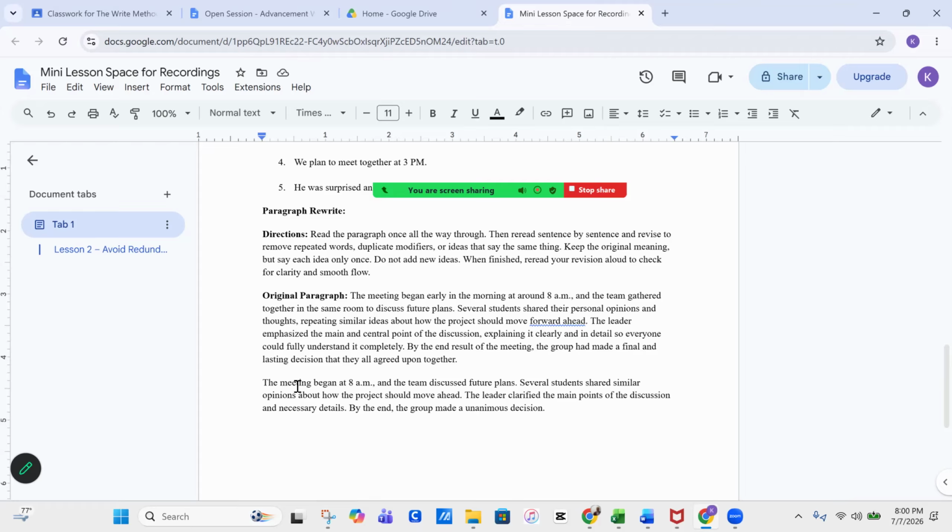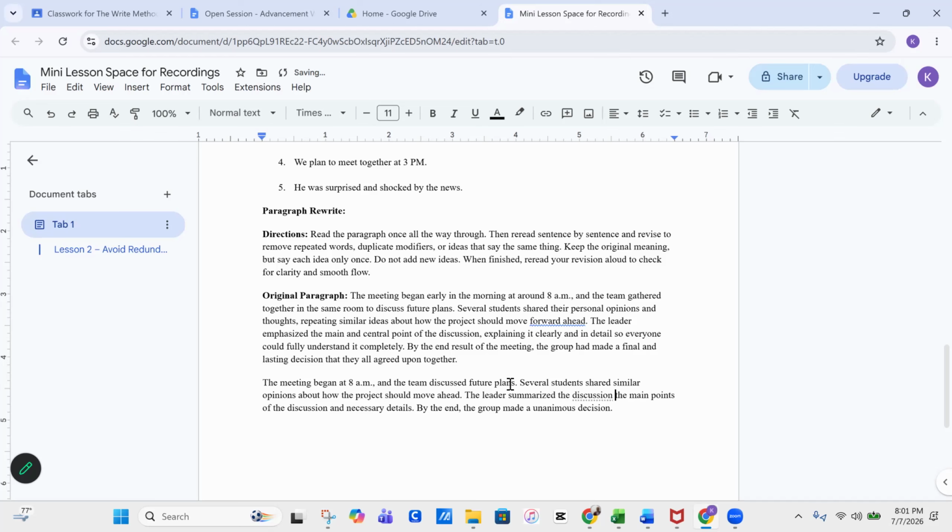The meeting began at 8 a.m. and the team discussed future plans. Several students shared similar opinions about how the project should move ahead. The leader clarified the main points of the discussion and necessary details. We could have even cleared it up more. Clarified can also be summarized, I think.